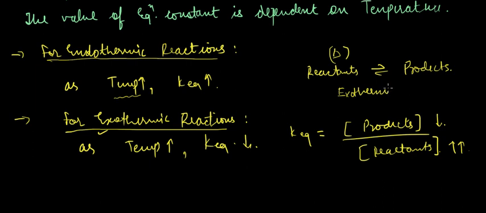So the concentration of products will decrease and concentration of reactants will increase. As a result, K equilibrium would decrease as the denominator is increasing.